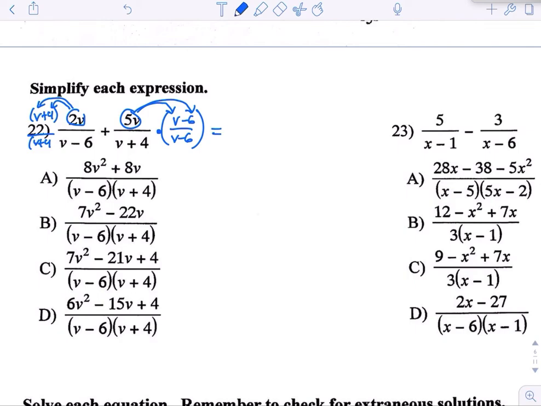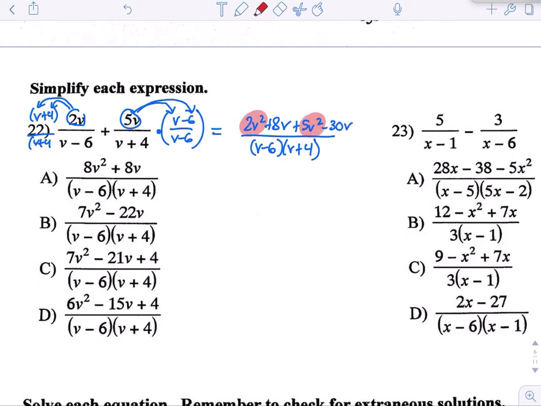So v minus 6, v plus 4, because they're both gonna give you the same denominator. So 2v times v is 2v squared. 2v times 4, 8v. Now we gotta do this side. 5v times v is 5v squared, and 5v times -6 is -30v.